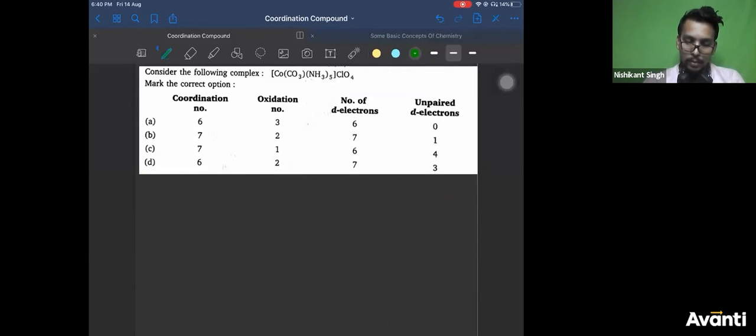Try to solve this carefully. Finding the oxidation state will solve this question completely. If you can find the oxidation state, your question is solved. Yes, Chetan, Chirag, it is the same.